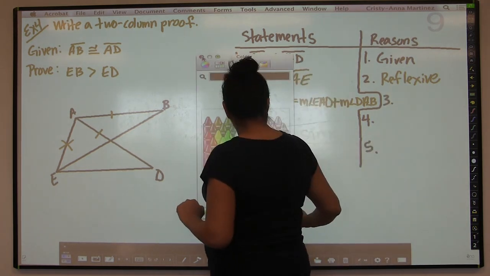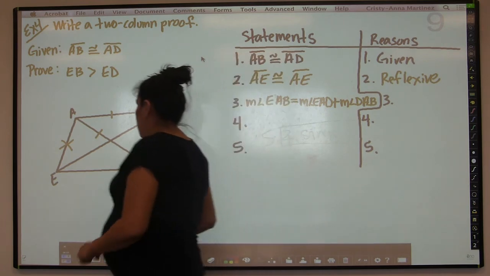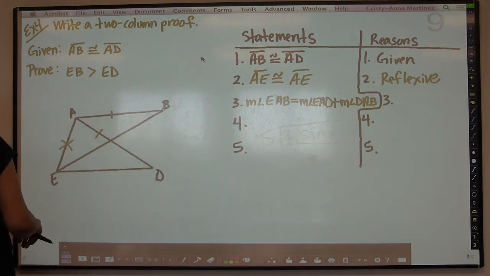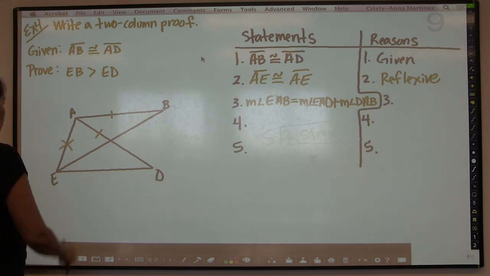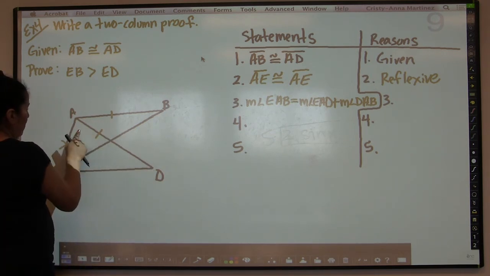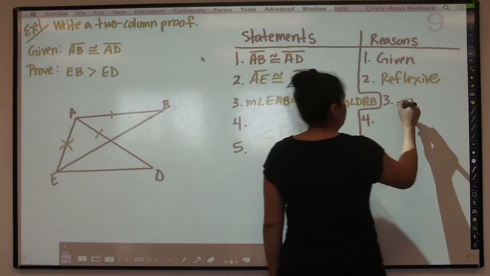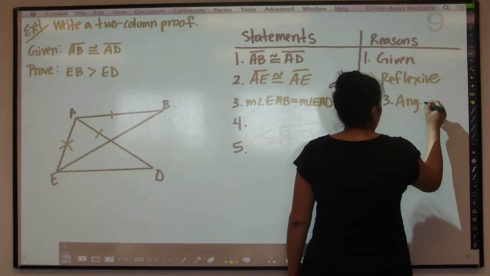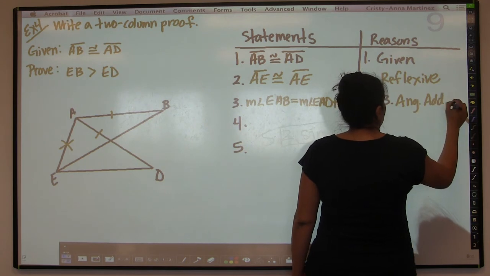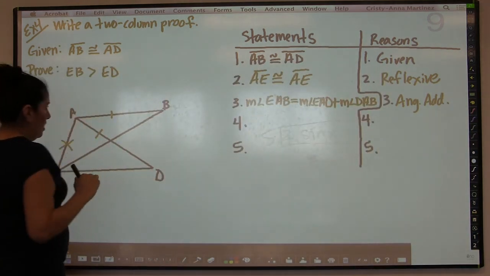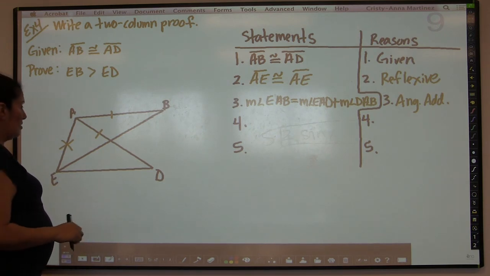Alrighty, so I had to move the line around my statement there. So the measurement of angle EAB is equivalent to the measurement of EAD plus the measurement of DAB. So this angle and that angle together make up the whole angle. And the reason for that is angle addition postulate. I hope that makes sense, okay?